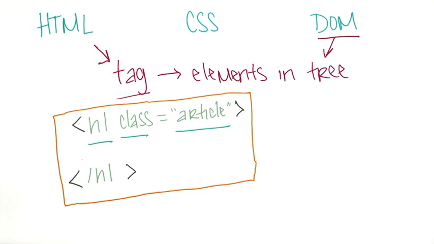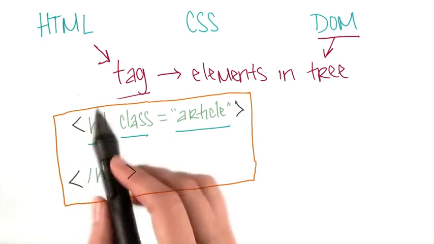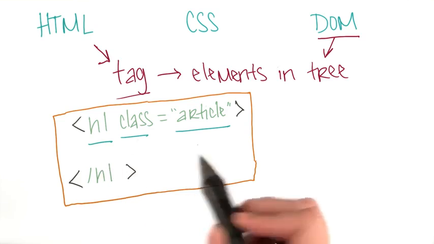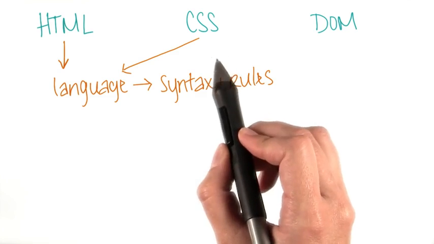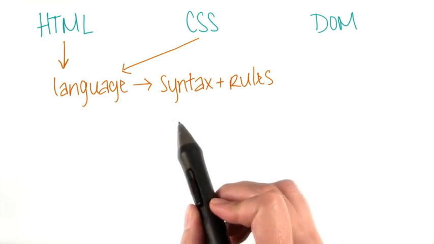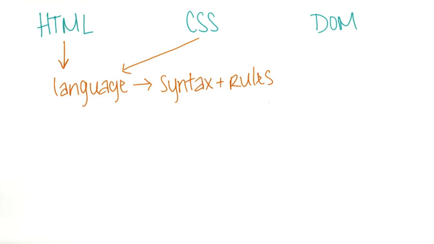The document written in HTML defines the structure and content of the page. To define the style, you have to use another language, CSS. CSS allows you to use a specific syntax and rules to change how elements look on the page, the size of the font, color, background, borders, position, and on and on.